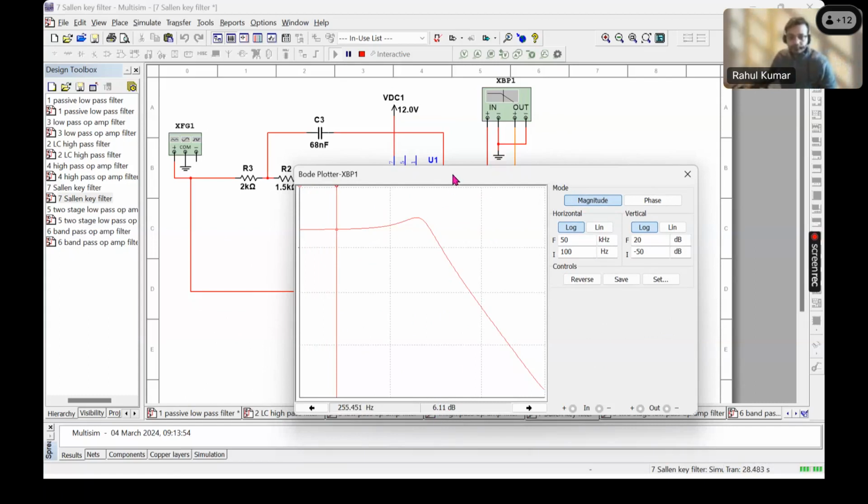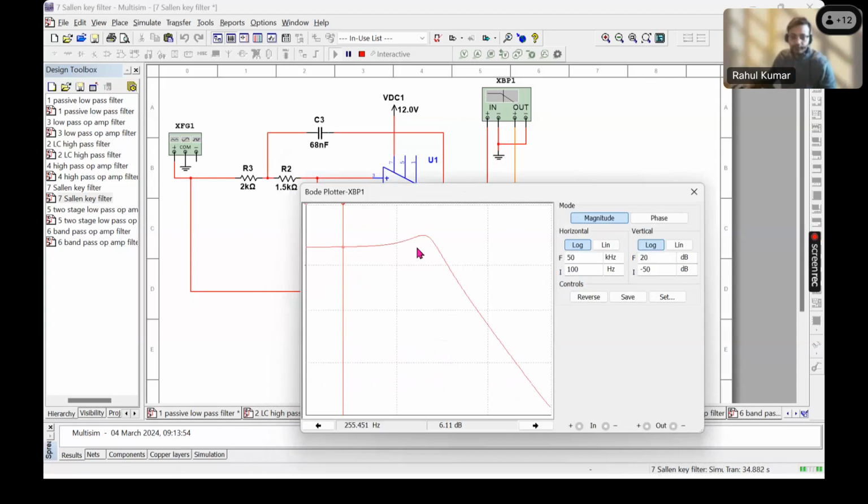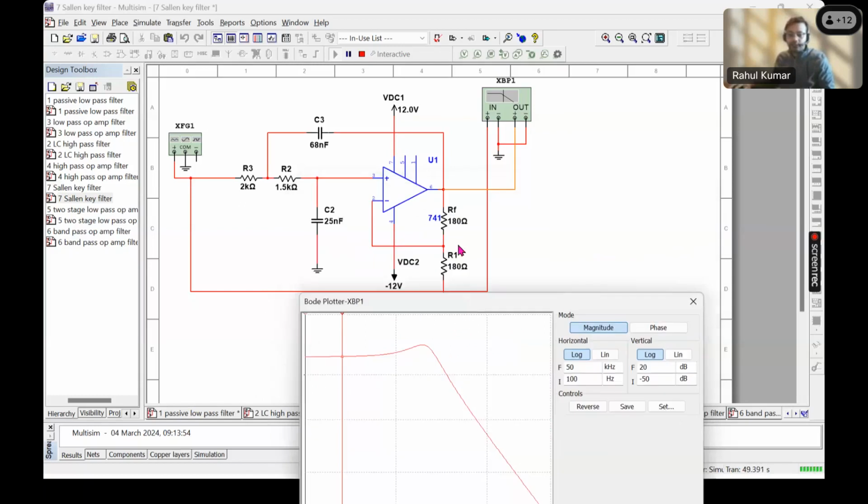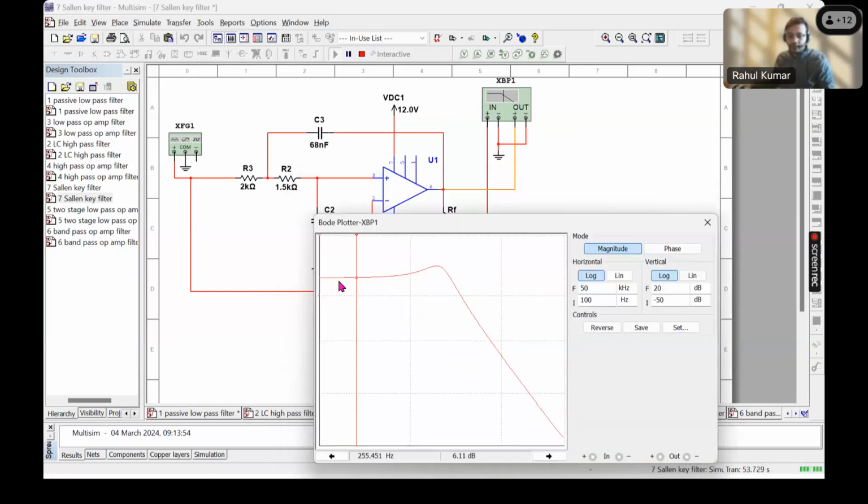Okay. So you might get a lower gain, but your peak will reduce. Okay. So if you want to get rid of that peak, you can use a higher value of RF, but your gain will be lower.